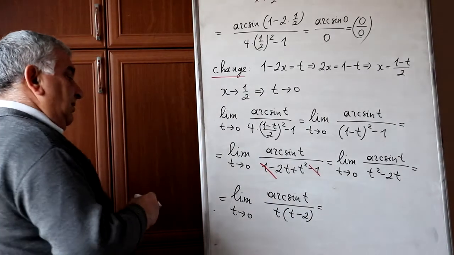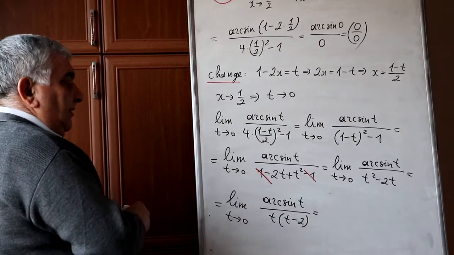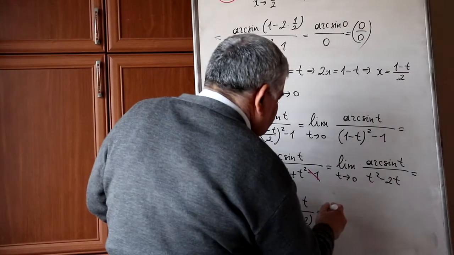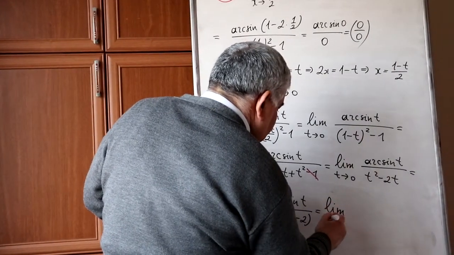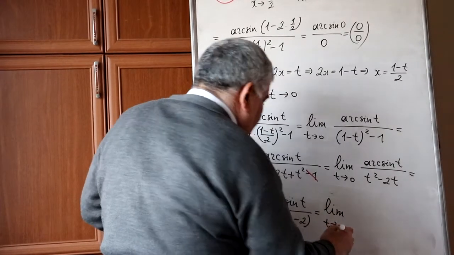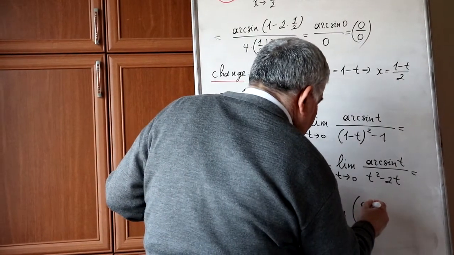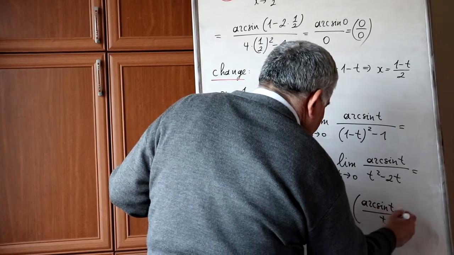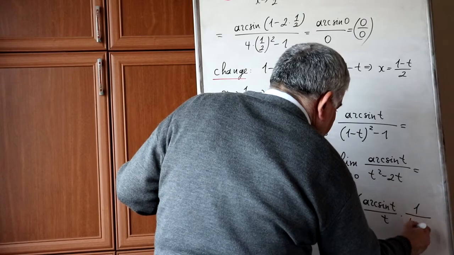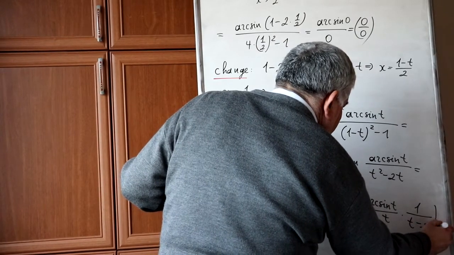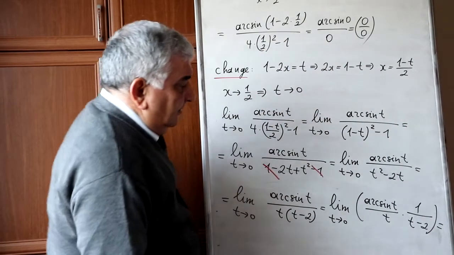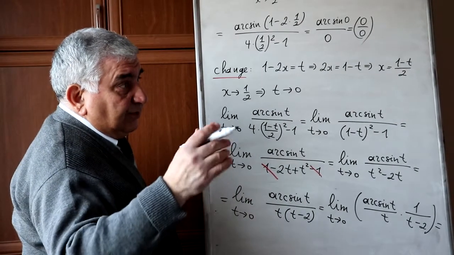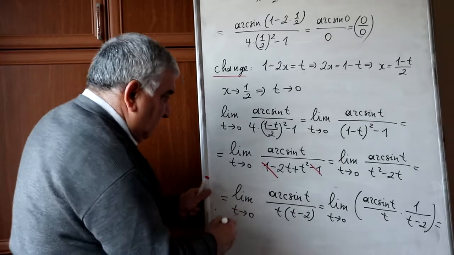Then separate the expressions under the limit symbol. Limit when t tends to 0 of arcsine t over t multiplied by 1 over (t minus 2). Here we have the product, and you know the limit of the product is the product of the corresponding limits.